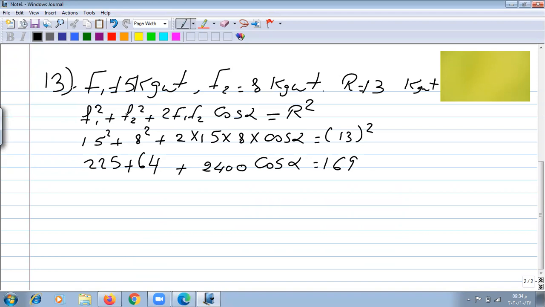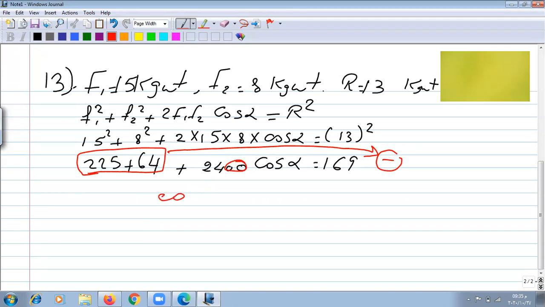We will add 225 plus 64, and after adding, we will take them to the right hand side with a negative sign. This is 240, not 2400.